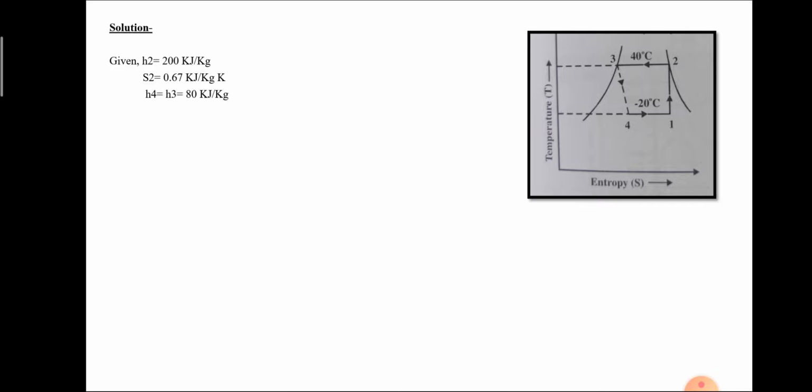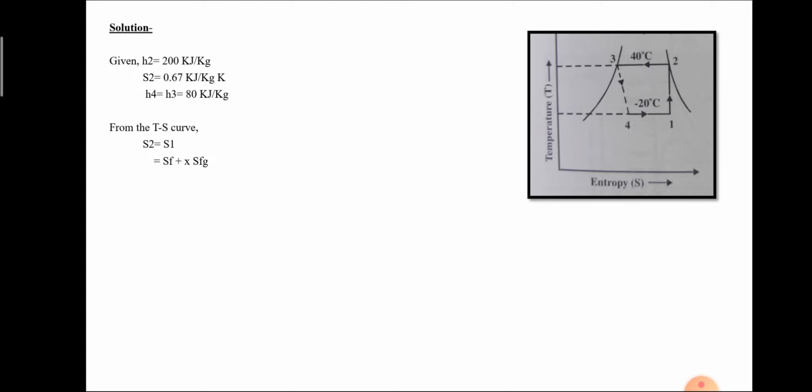Now to determine your desired effect, that is for the process 4 to 1, you have to know H1. To determine COP as well as desired effect, you have to determine the value of H1. For that, from the TS diagram, you can see S1 is equal to S2, because from 1 to 2 it is an isentropic compression process. This is an ideal Fischer cycle.